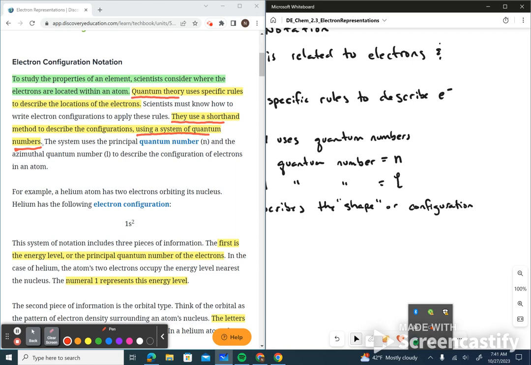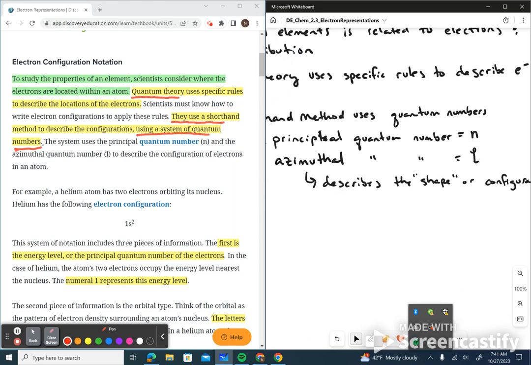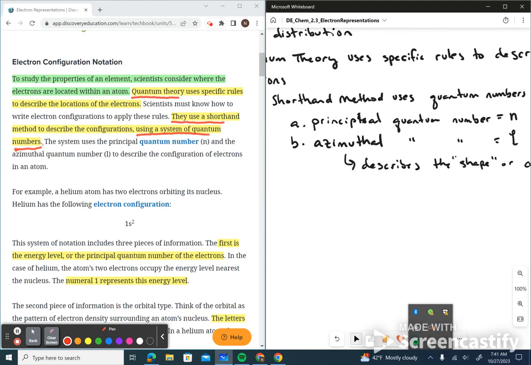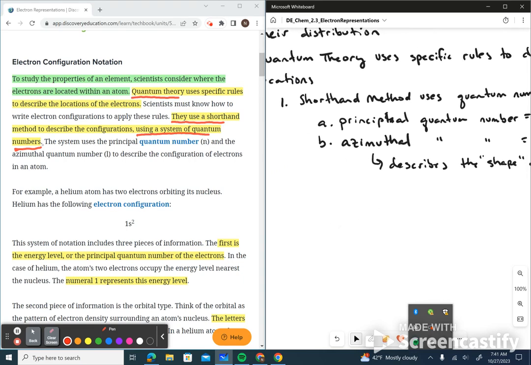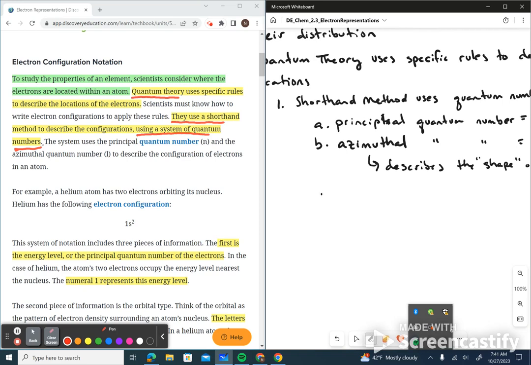So, for example, they give us an example here, and they say helium. Helium is 1s2. So let's just put this down here. This will be letter C. Example is going to be helium. Elemental symbol He.